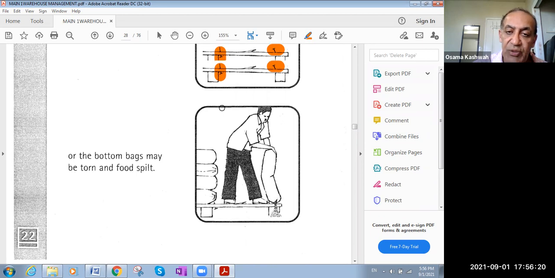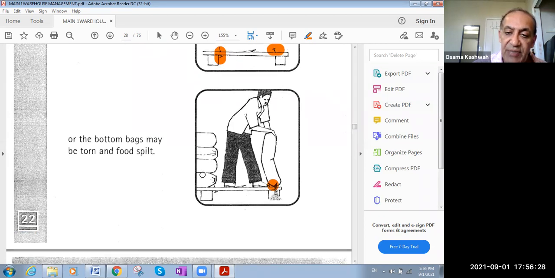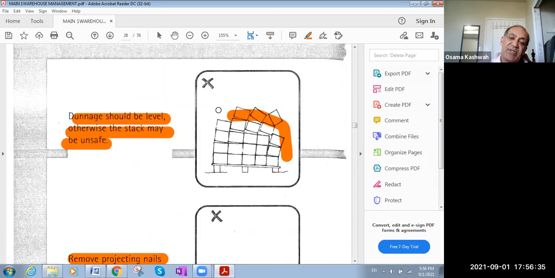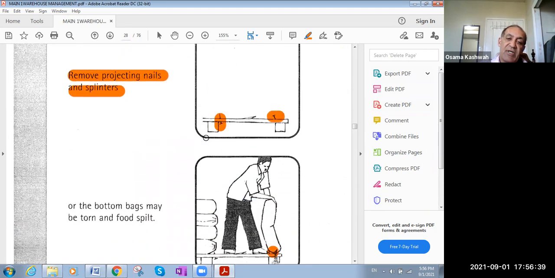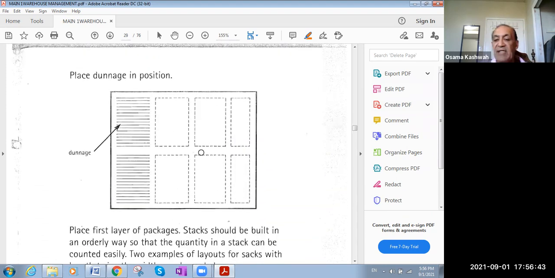Take care also, because these nails might cause drainage from the stack itself. So remove the nails from the pallets and from the dunnage. Any kind of nails, take them out from here.